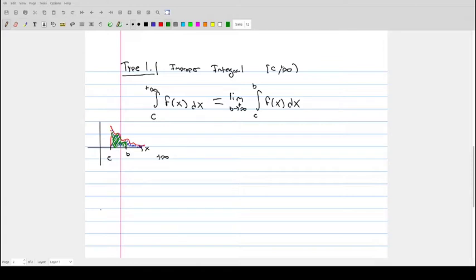So we say that if this limit exists, the limit as the upper bound goes to positive infinity, so if the limit exists, we say that the improper integral from c to infinity converges.